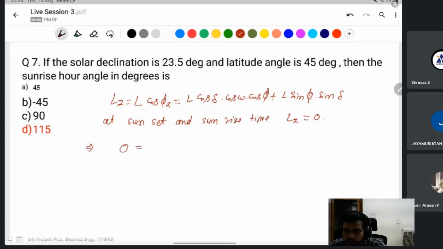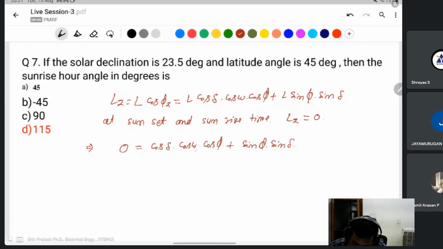At that time our energy will not be generated. So cos del into cos omega into cos phi. This omega depends on the hour time.